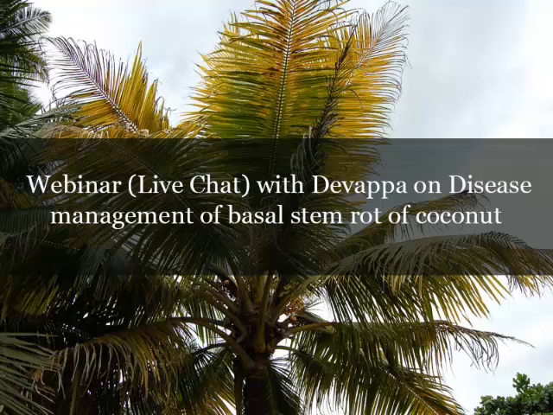As you said about the root decay, can we take any remedies in the beginning itself so that we don't face this problem? Since it is a soil-borne pathogen, it will be there in the soil.